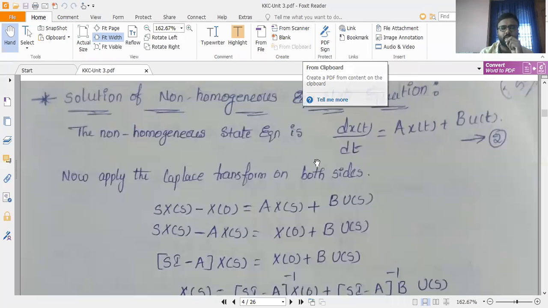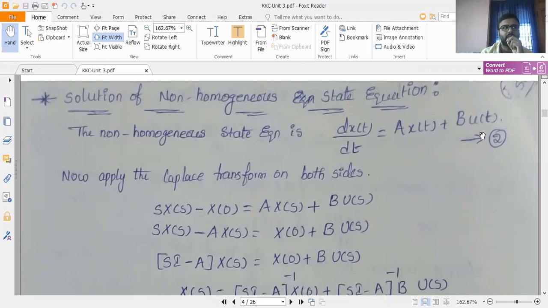Before that, we are all very familiar that the non-homogeneous state equation is represented with both the input function as well as the output function. x of t is the state variable and u of t is nothing but the input.